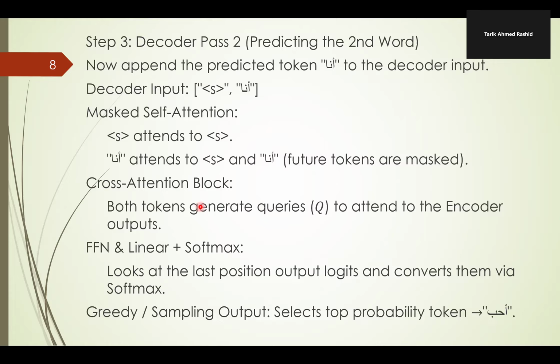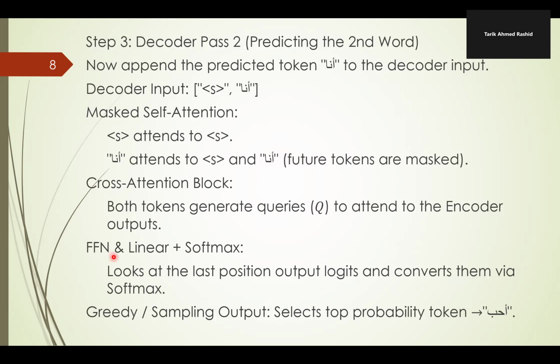Now, the cross attention block: both tokens generate queries. The start token and ANA will generate queries to attend to the encoder's output, which gives keys and values.